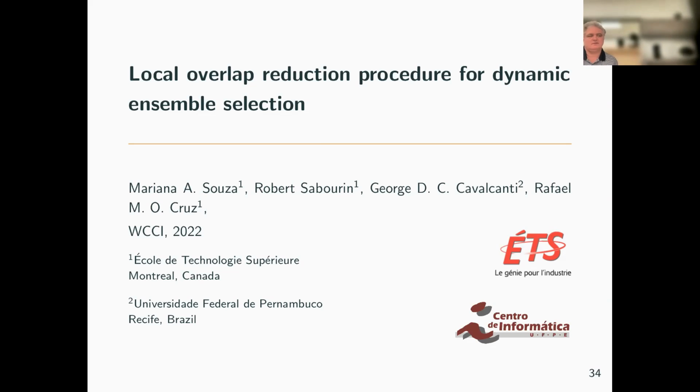J'ai un commentaire à faire. In fact, the measure of the oracle is the good way to characterize the quality of the pool, to understand if the pool of classifiers covers the problem space well. So it's an optimistic measure, but it characterizes the ideal selection mechanism.